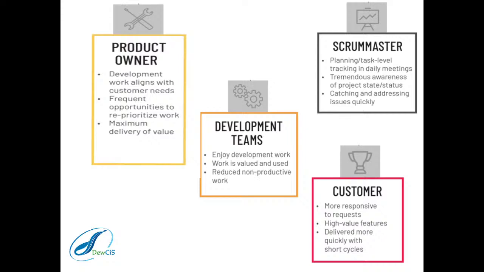So the product owner gets frequent opportunities to review and guide what needs to be done. The product owner is very critical in the sprint planning, so that they have a very clear vision of what they need to see at the end of every sprint.